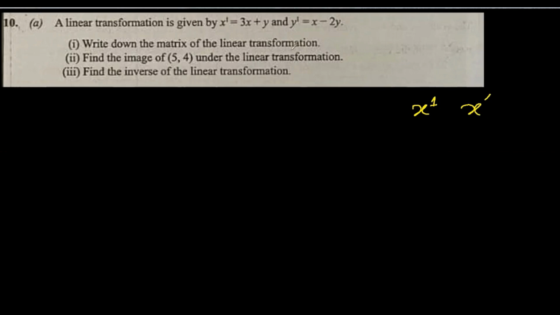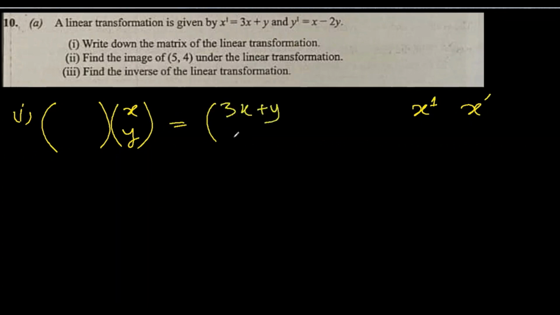So first part, we have to write the matrix for the linear transformation. xy will be our point, any point, and the linear transformation will be in front of it. So what should I write in here so that their multiplication becomes 3x plus y and x minus 2y? x becomes x prime, 3x plus y, y becomes y prime.